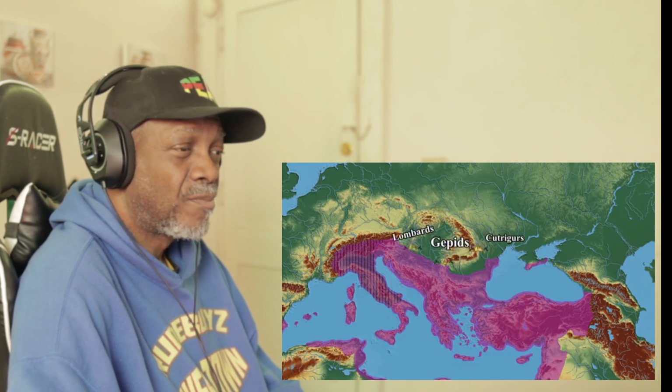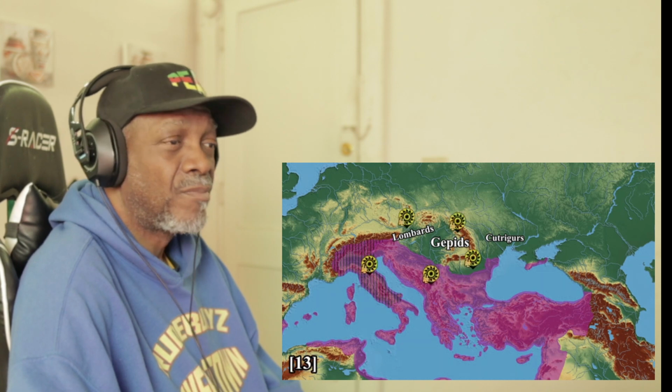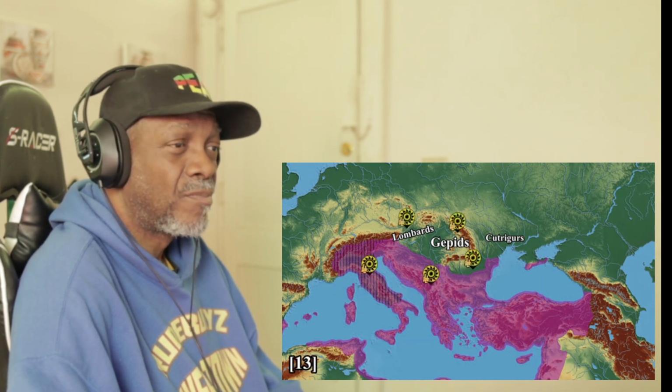Some tribes allied themselves with various Central European peoples like the Kutrigurs, the Gepids, and the Lombards and fought with them in frequent wars, while some Slavic tribes allied themselves with the Byzantines and fought alongside them, and some entrepreneurial Slavs simply fought as mercenaries for anyone who would hire them.